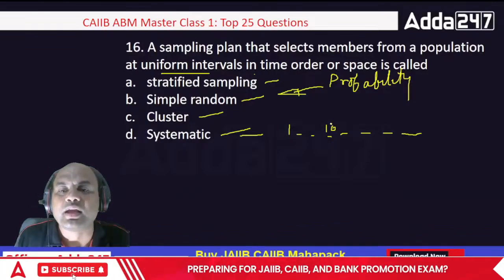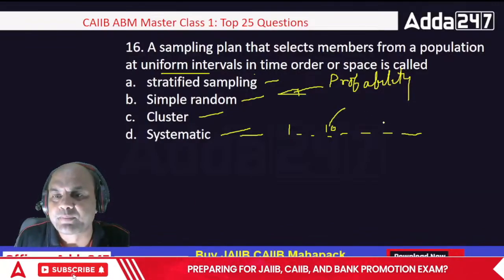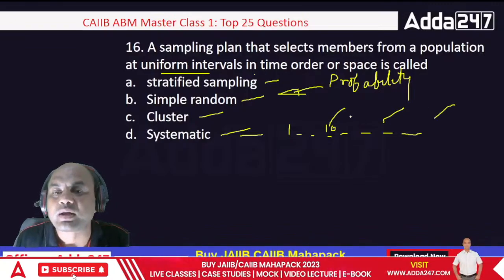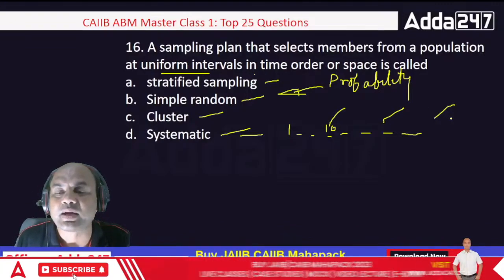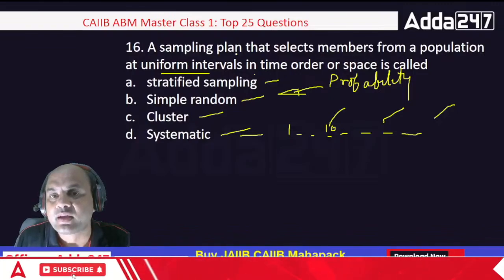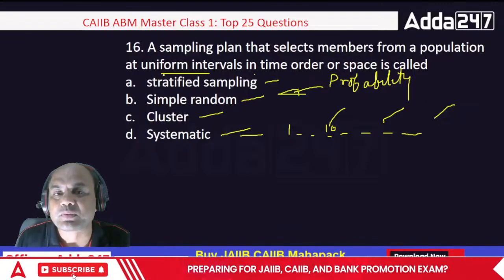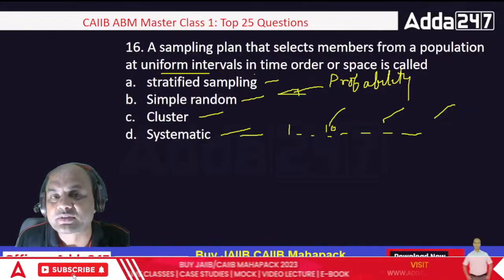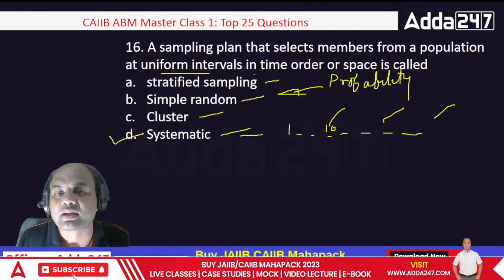So what will I tell them? Every 10th student, get up. So I am using it in a systematic way. So this is the answer: a sampling plan that selects members from the population at uniform intervals is known as systematic.